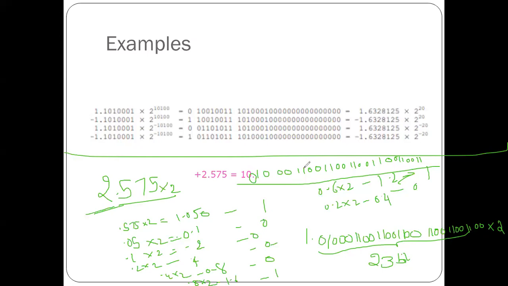Plus 1, yes ma'am, since the decimal point is shifted to the left side. So true exponent is plus 1. Okay, so now we got our number into scientific notation.